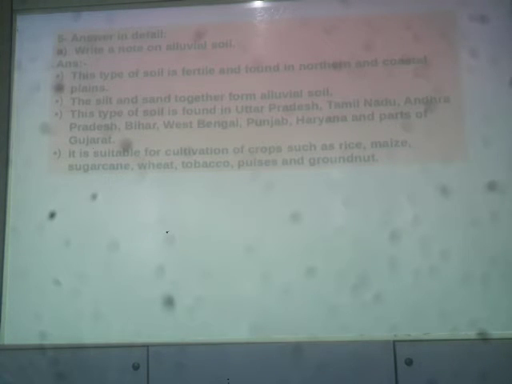These are the types of crops which can be grown in alluvial soil, right?